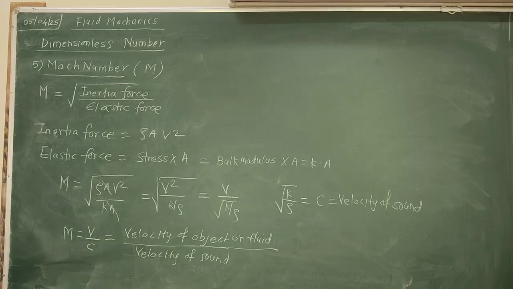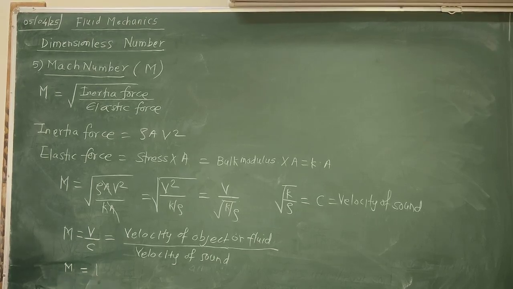Okay. Now here are the three cases. When the Mach number is equal to 1, what is the meaning of 1? It means when the velocity of object and velocity of sound are both the same, then we say Mach number 1.